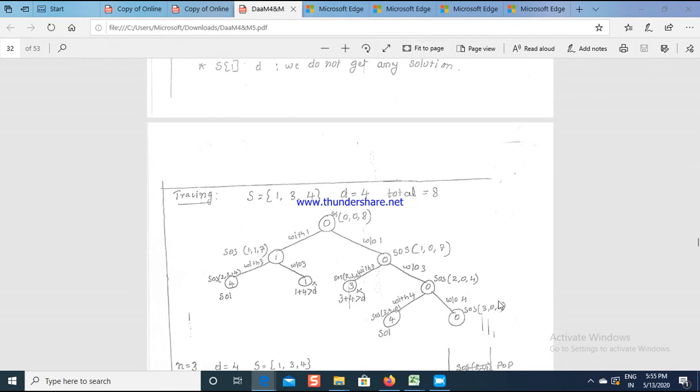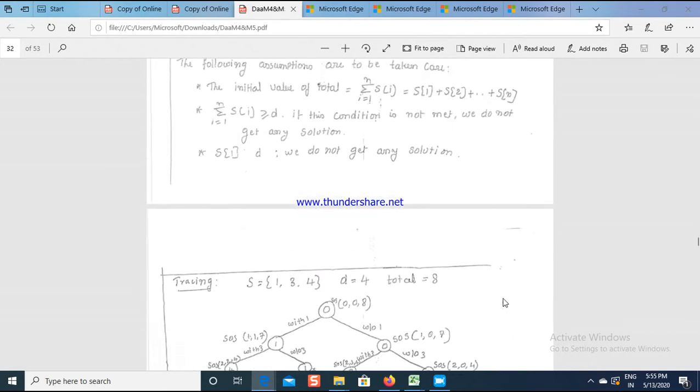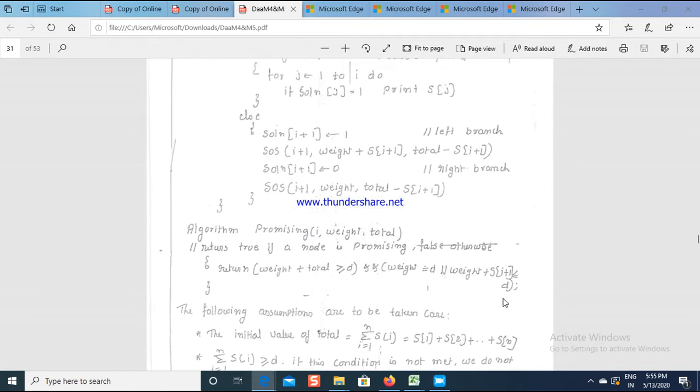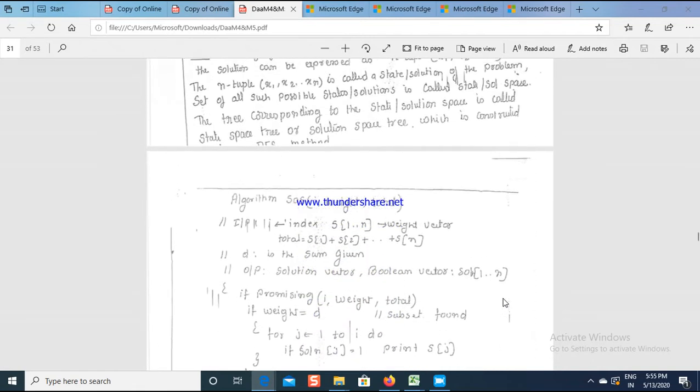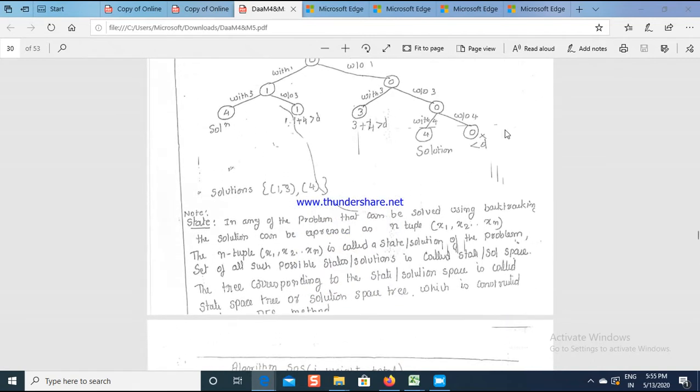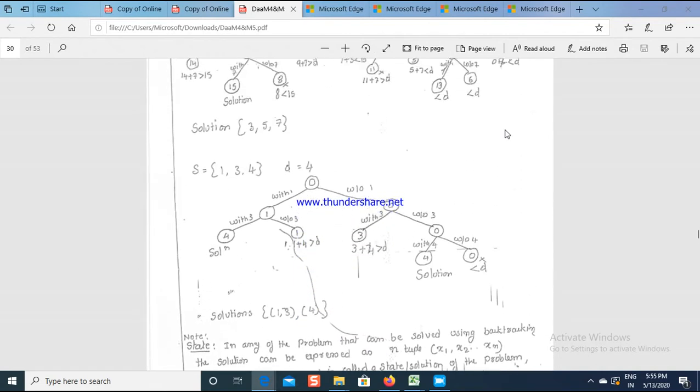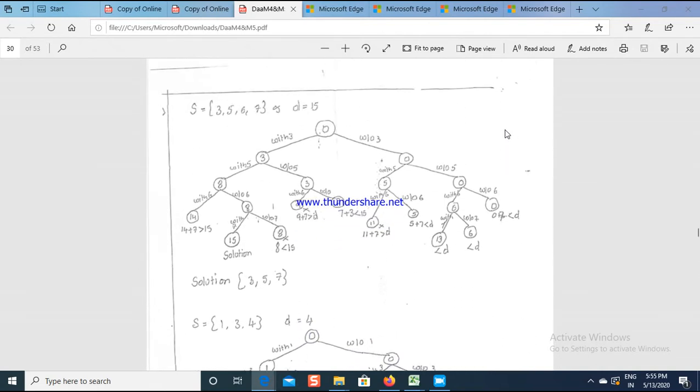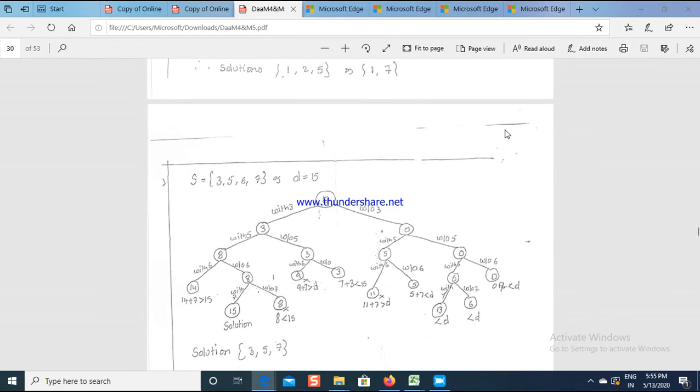And one more I told you for the last example, this one. Here only 3 elements are there. See here, that is 0 plus 7, which is greater than D. The second dead vertex: 0 plus the next element.